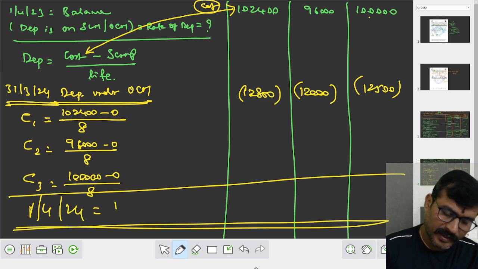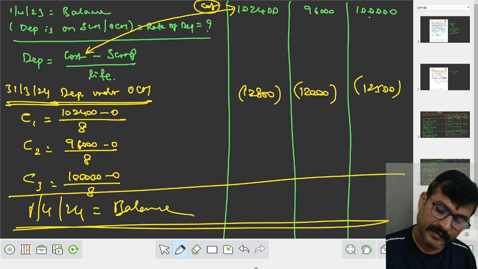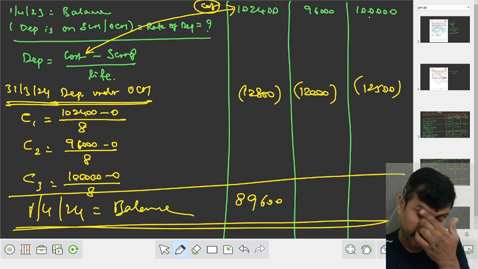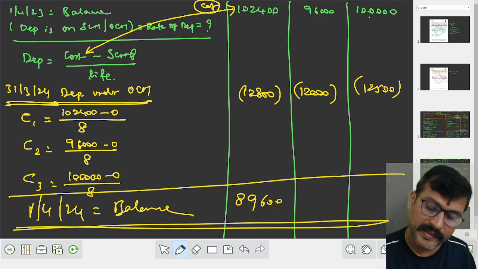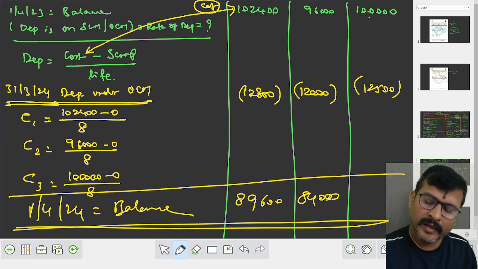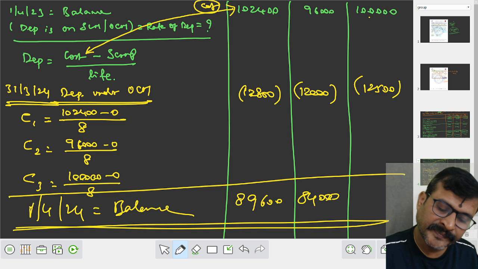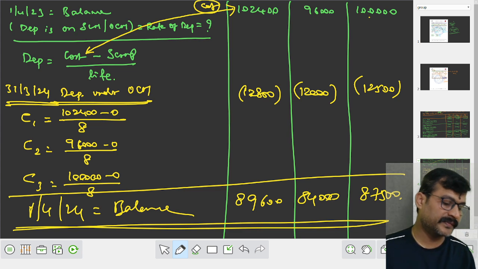On 1st April 24 you are getting a balance of 89,600 for the first one. Similarly 96 minus 12 is 84. 1 lakh minus 12,500 comes to 87,500.